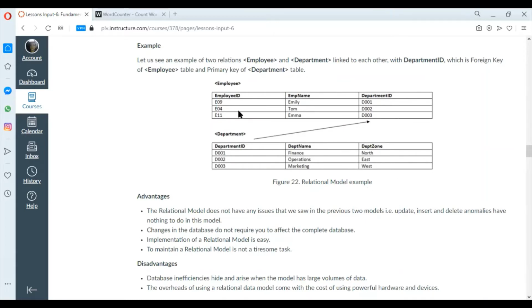So the primary key is the department ID found in the department table, whereas the foreign key is the department ID found in the employee table. Why is that? Because the department ID is a main column for the department table, whereas the department ID for employee is just a means for signifying or connecting the relationship between the two tables.